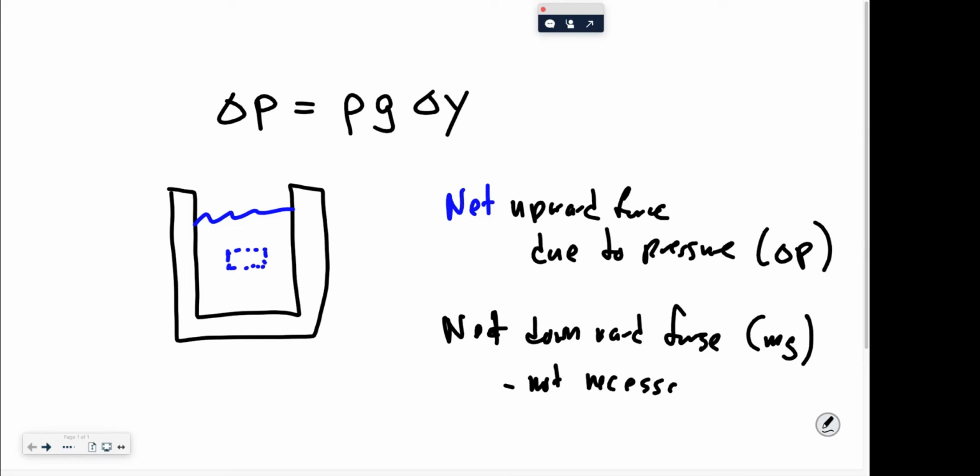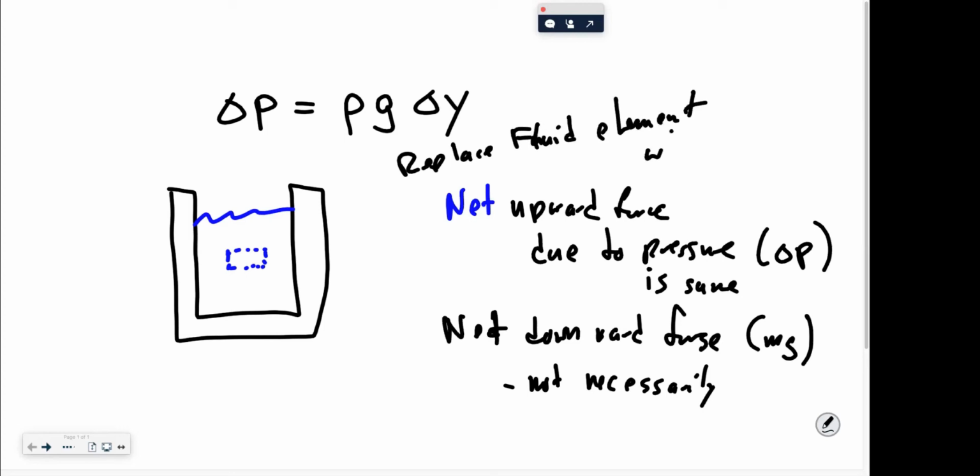Replace fluid element with something else. The net upward force is the same. The net downward force is not necessarily the same because that mass might be different.